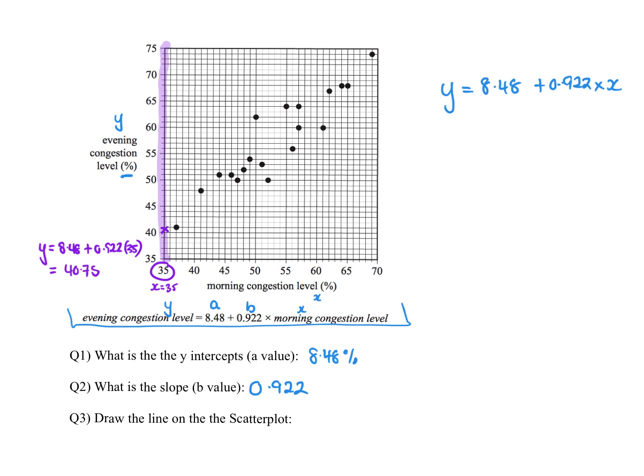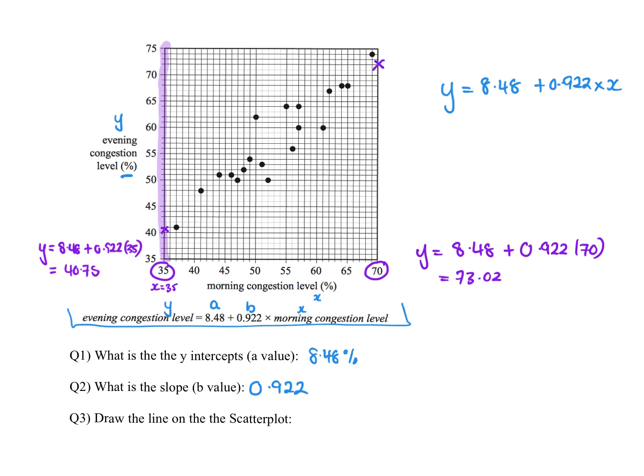Then I need 2 points to draw that line. So I'm going to do the same thing, but using the 70. So 8.48 plus 0.922 times 70. I put that into my calculator, and I got 73.02. So I go up here to 73.